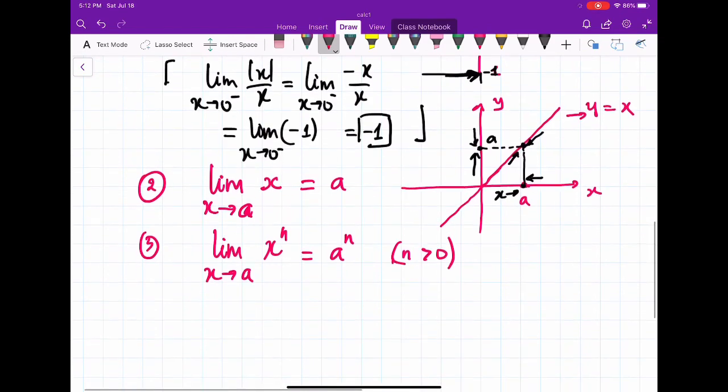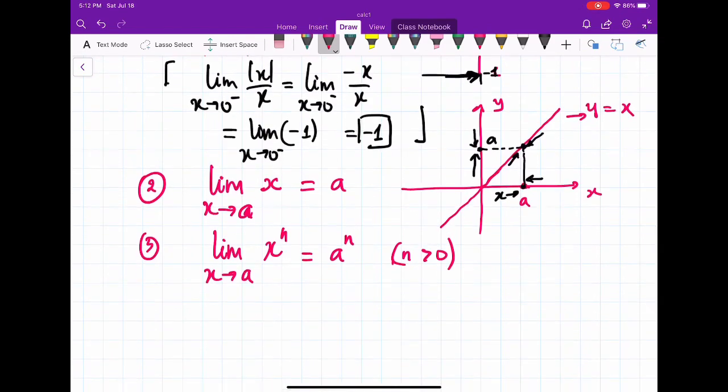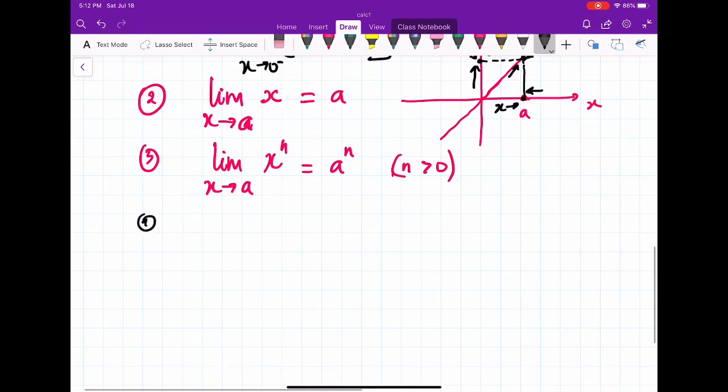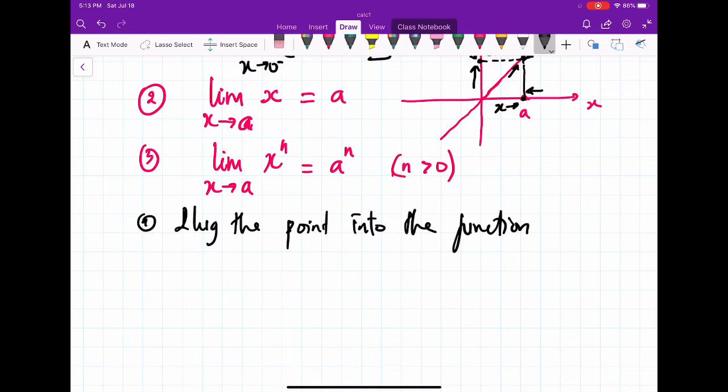So when we discuss limits of such functions at some point, the first thing you need to memorize is to just plug the point into the function. Don't forget that. Just plug the point into the function. If you get a finite number, that is the limit.